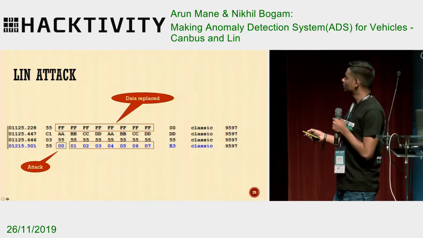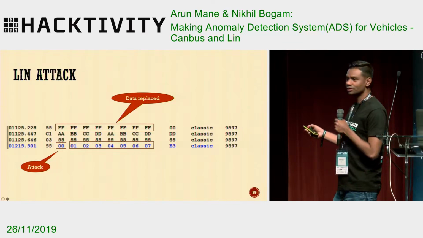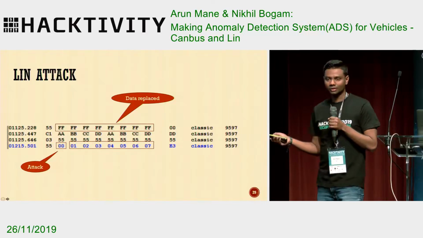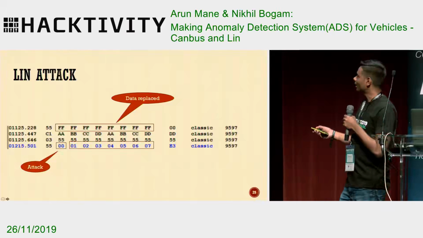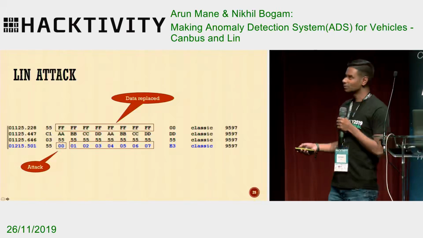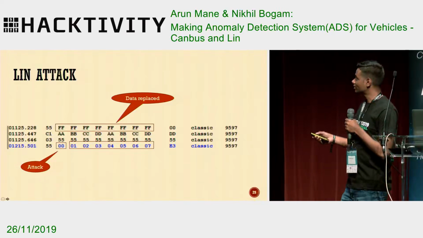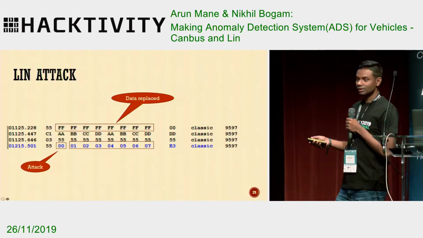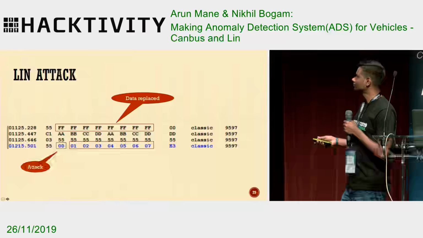So we set it to send 1, 2, 3, 4, 5, 6, 7, and the checksum is also calculated by the attacking ECU and sent on the bus. So these are the basic threats we see that can occur on the LIN bus.